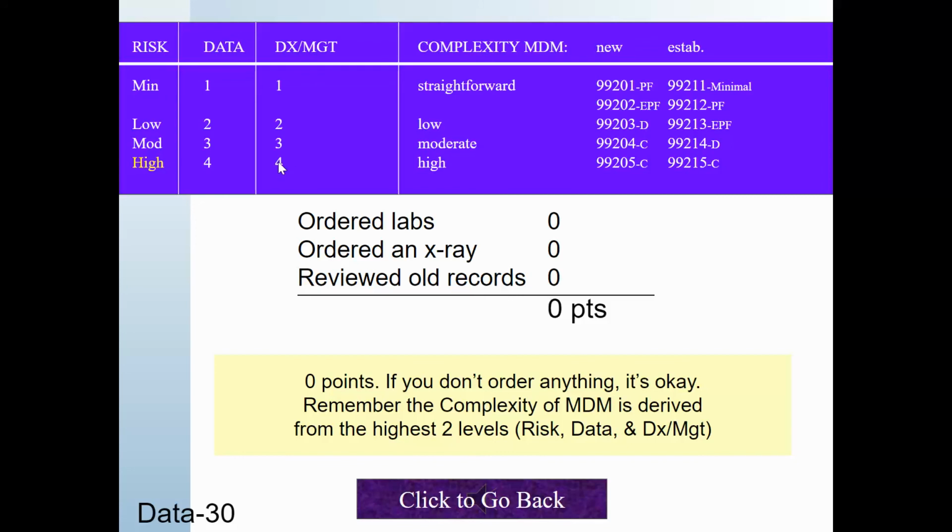There's check and balance on your complexity of medical decision making, and therefore there's check and balance on your coding. Therefore there's ethical check and balance on things. So I put this in here on purpose to show you that you don't have to worry, because you've got other sections to rely on, even if you don't feel the need to do anything today. Okay? Data for 30, 0.